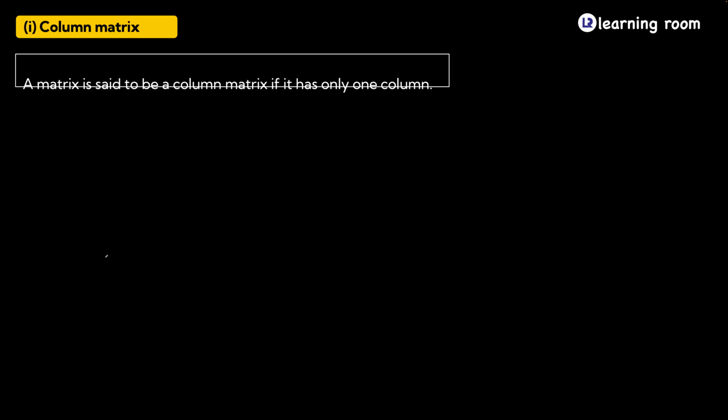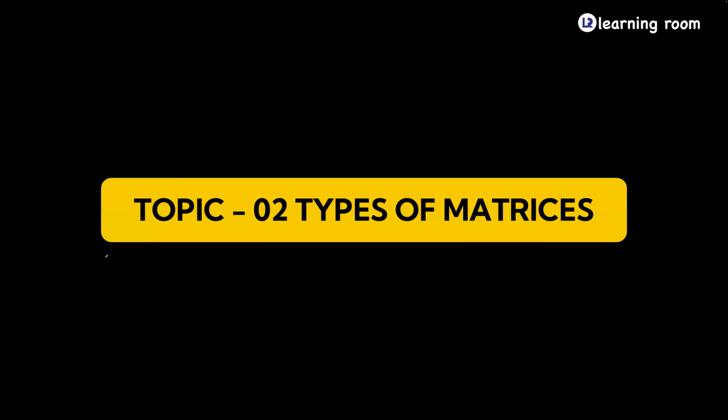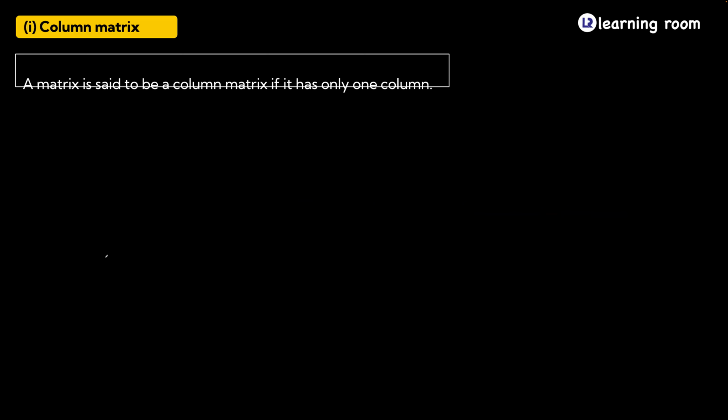So listen to this. The next topic is the types of matrices, of which the first one is called the column matrix. As the name suggests, a matrix which has only one column is a column matrix. It can have any number of rows.